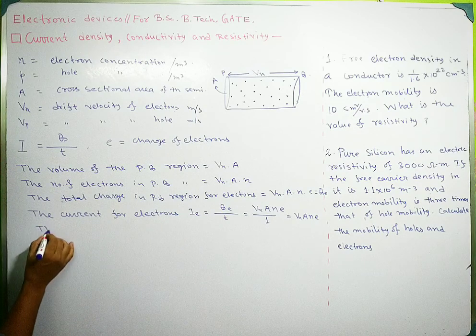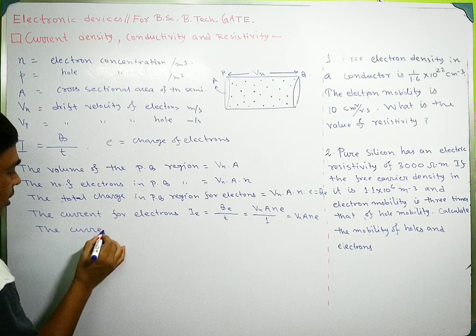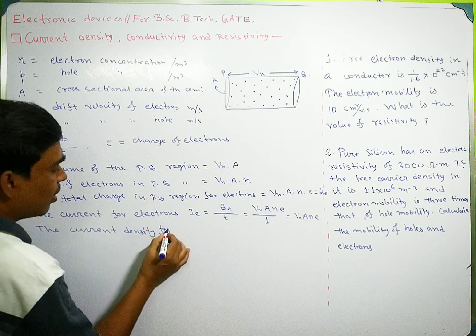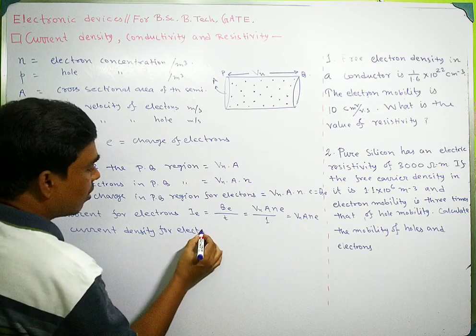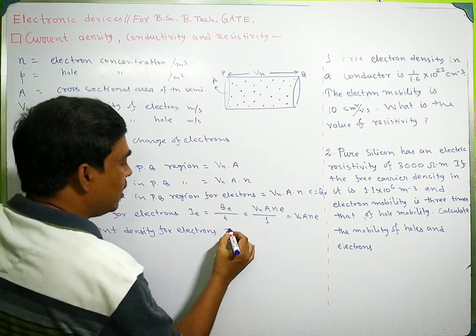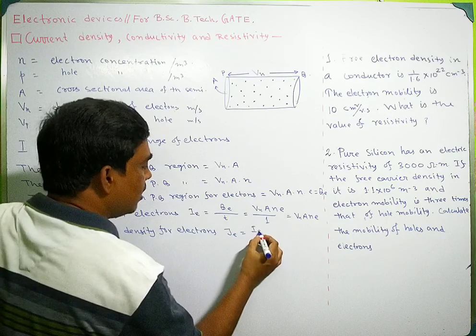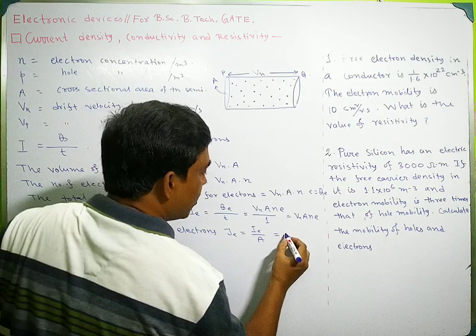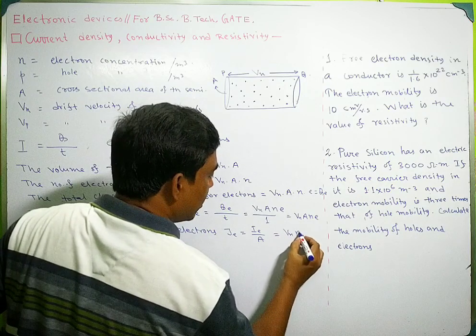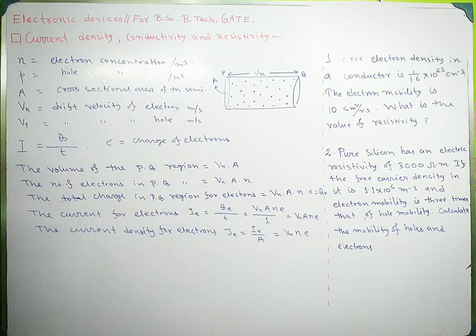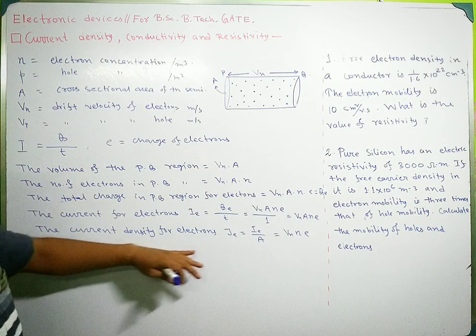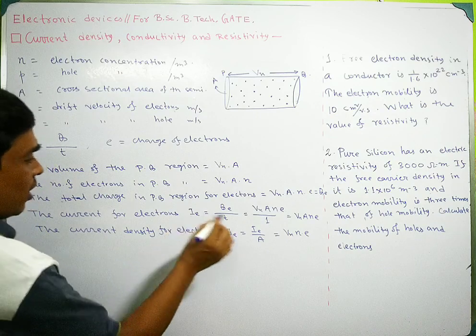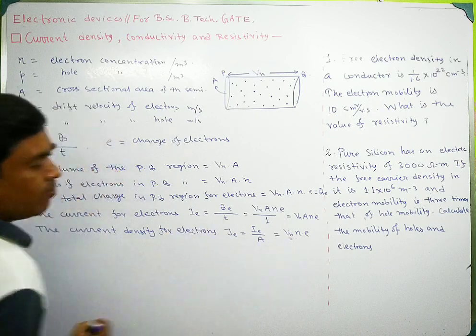So the current density for electrons, Je, can be written as Ie divided by A. So for this case it will be Vn N into E. This is the current density for electrons. Now this is a drift velocity.